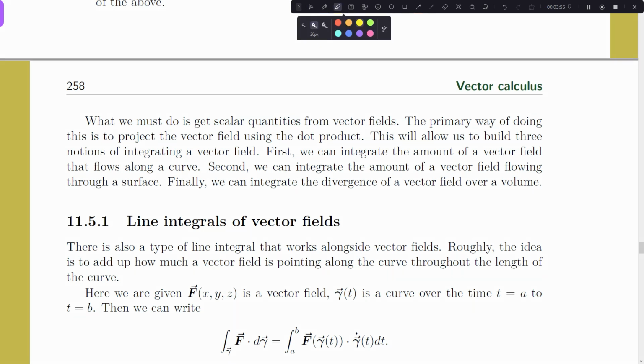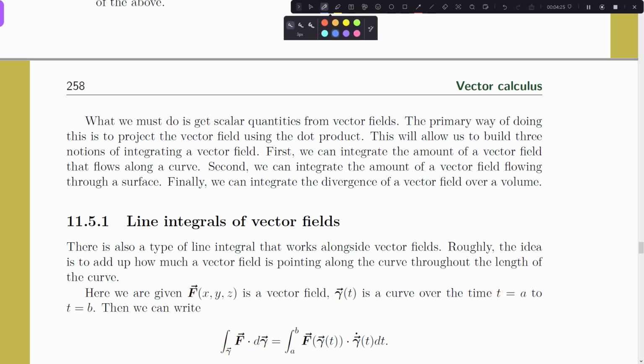So for a given vector field f and a given curve gamma, from the minimum time, wherever the curve starts, we're going to call A, and wherever the curve ends, we're going to call B. The integral along that curve from A to B is defined by, see, it's the integral, the quote-unquote bounds of the integral, r gamma, the curve itself. It's the vector field dot product, the differential of the curve. And what is the differential of the curve?